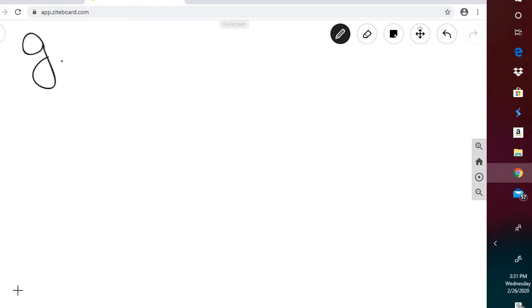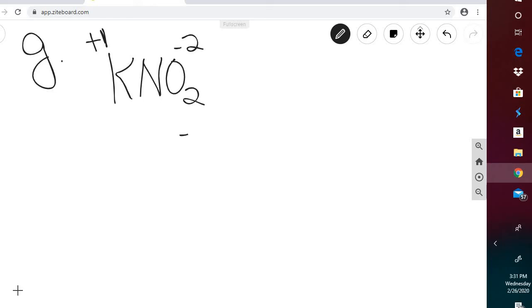Okay, letter G is KNO2. Okay, so potassium is an ion, and it's in column 1. So that's going to give us a charge of +1. We don't have a rule for nitrogen, but we know that oxygen is usually -2, and there's 2 of those, so that's going to be -4, and the potassium is +1.